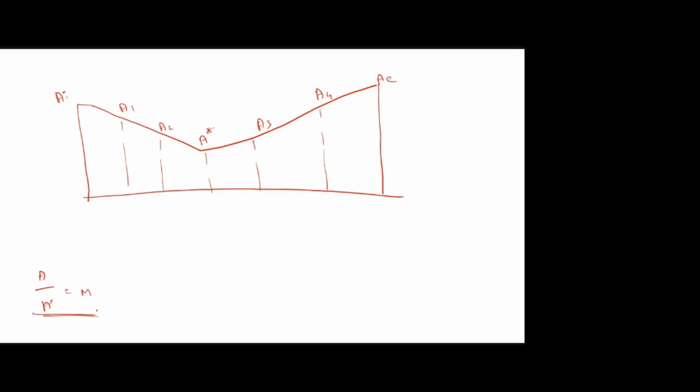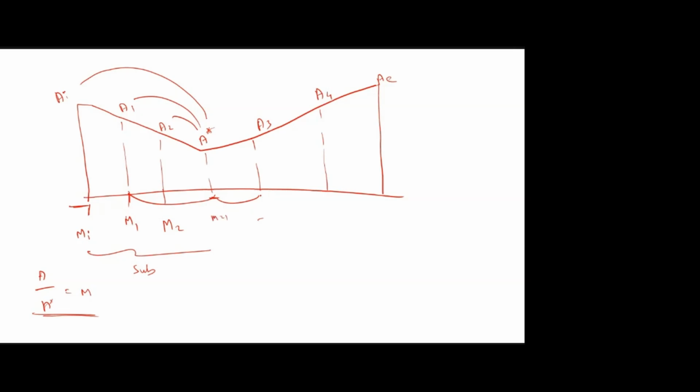Yes, sir. This A by A star you can apply not only from this throat to inlet, it can be applied in between stations also. For example, if I compare A star and AI, I can find corresponding MI. If I compare A1 by A star, then I can find M1 at this station. Then A2 by A star means I can find M2. Then A3 by A star; all three will be subsonic, and this will be sonic.